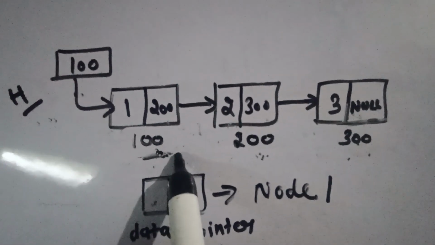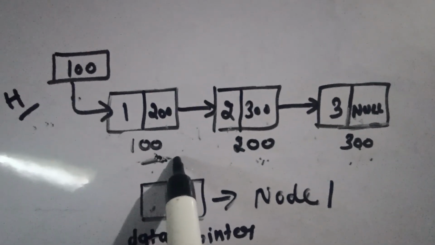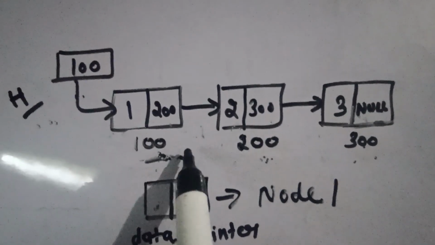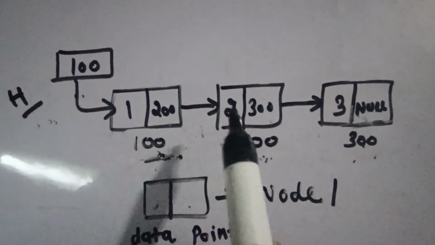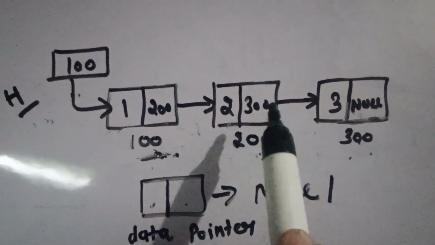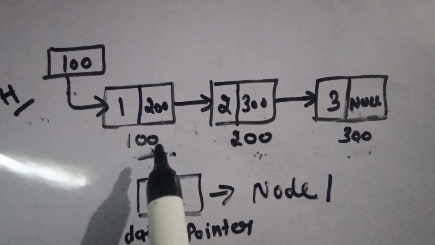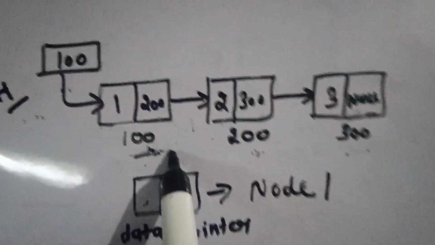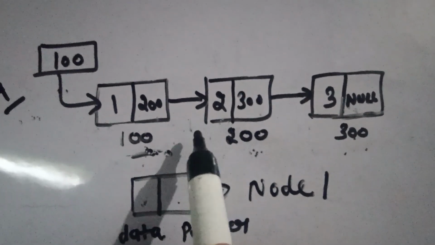Okay, now you can make the definition of linked list on your own: a linked list is a collection of nodes and each node is connected with each other through its memory address.